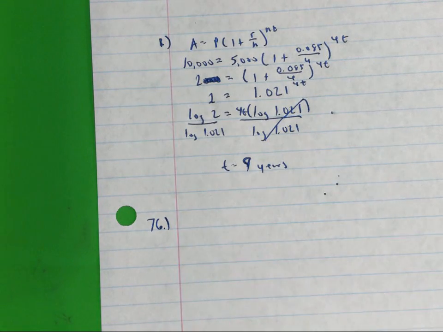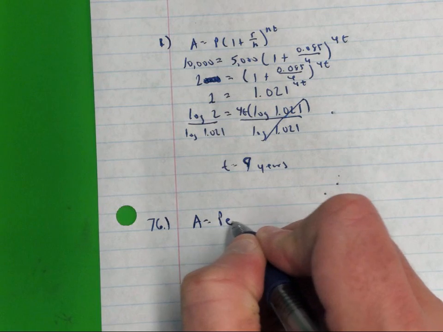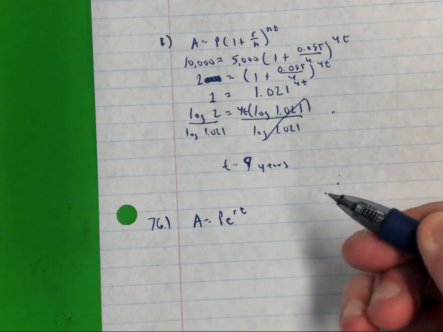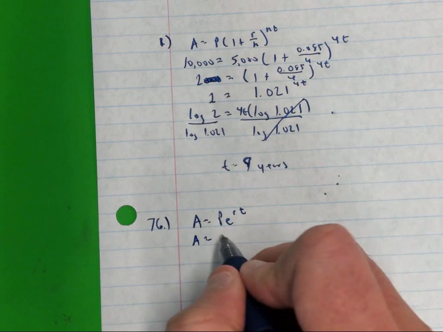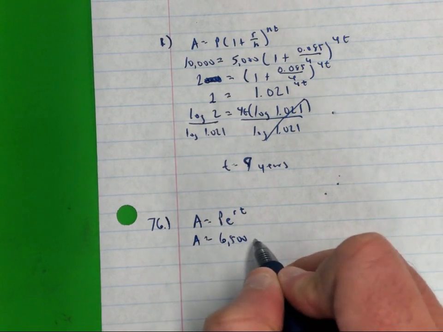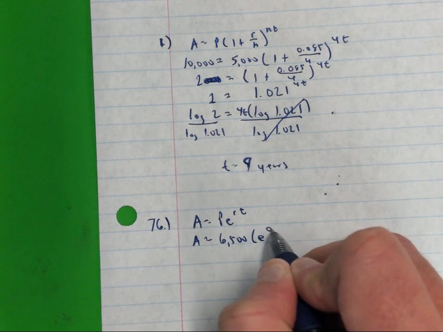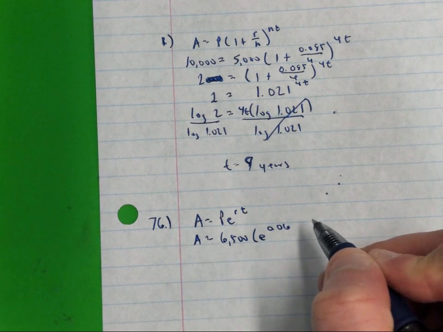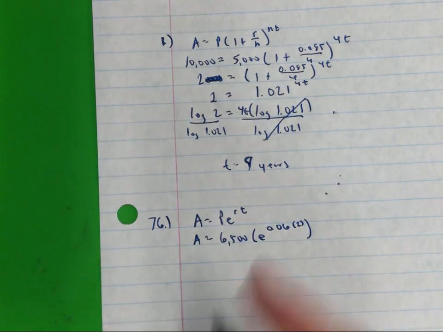It says they want to invest $6,500 in an account that pays 6% interest per year, compounded continuously. So you're going to use the PERT formula, P times E raised to RT. Your amount that she invested was $6,500 times E raised to the interest rate, which is 6%, so it'd be 0.06 times the number of years, how much? 2.